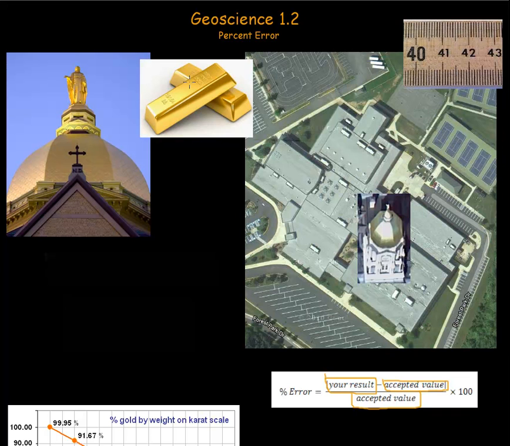Gold bars are usually 400 grams. I can do this with my pen. Gold bars are about 400 grams. It's said that we could take 8 ounces of gold and hammer that out to be equal to about 1 acre.